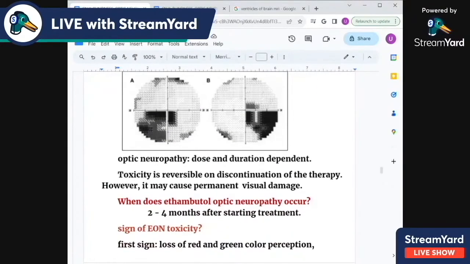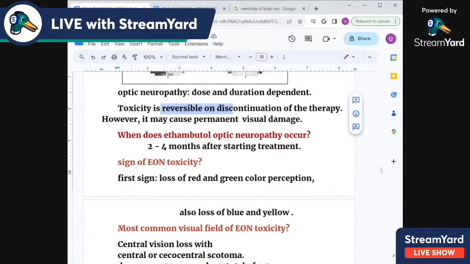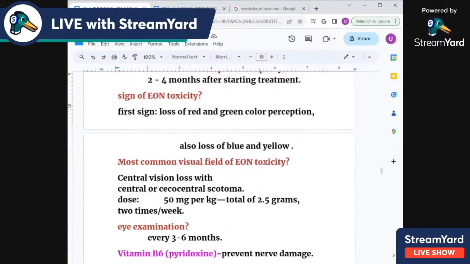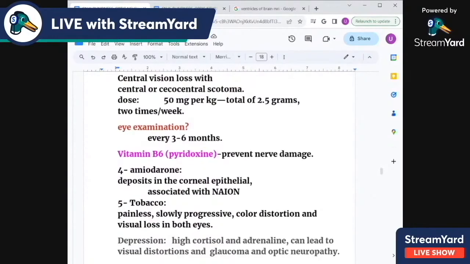The toxicity is reversible, but it may be permanent. So discontinuation of the drug should be done, and this toxicity occurs about 3 months after starting the treatment, and an eye examination is recommended every 3 months. And which vitamin is effective in preventing it? That's vitamin B6, pyridoxine, which prevents it.